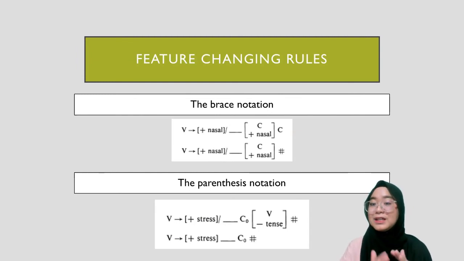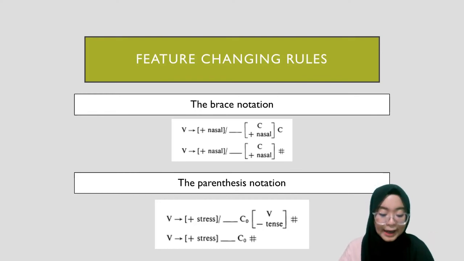It is divided into two kinds: the brace notation and the parenthesis notation. Braces are the device used in rules for referring to alternate environments. So we can put it into braces to capture the rule.